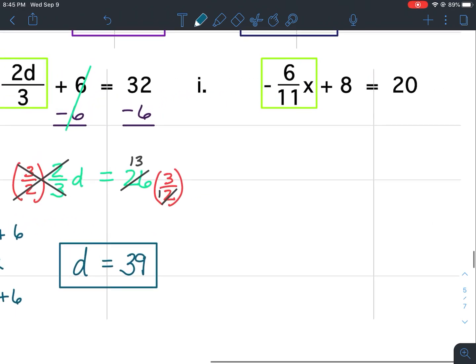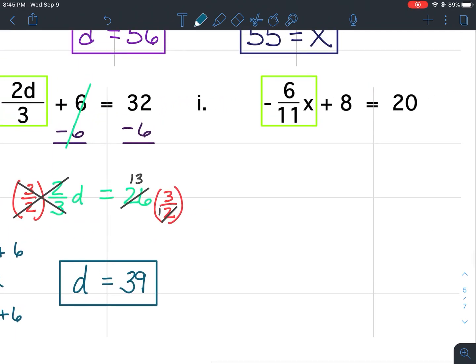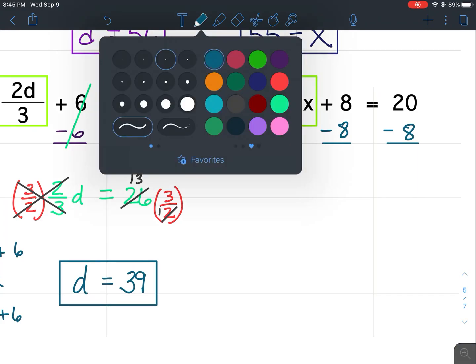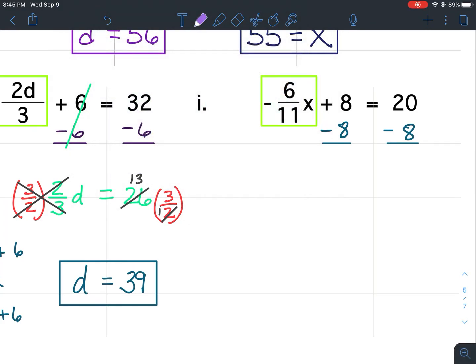All right, last problem. The number outside of the box that I need to get rid of first is the +8, and the inverse would be to use the -8, or subtract 8 from both sides. The 8's will cancel. I'll bring down my -6/11. Sorry.